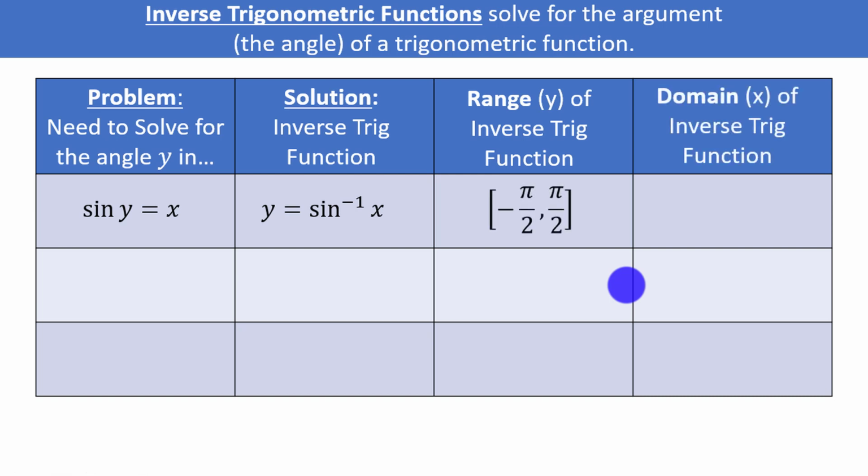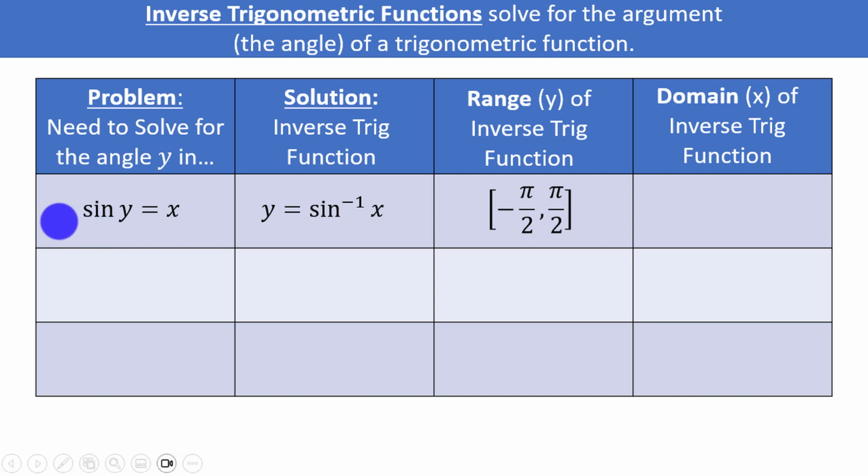We can also think of the domain of the inverse trig function. The range is the possible values you can get out. What possible values can you plug into the inverse trig function? Well, if x is the output of a sine function, think about the possible values for sine. Sine is the y coordinate on a unit circle, and of course you cannot have a y value bigger than 1 or smaller than negative 1.